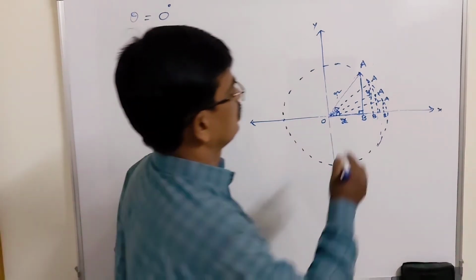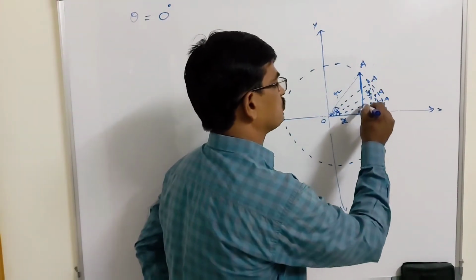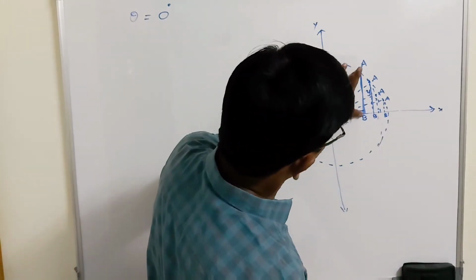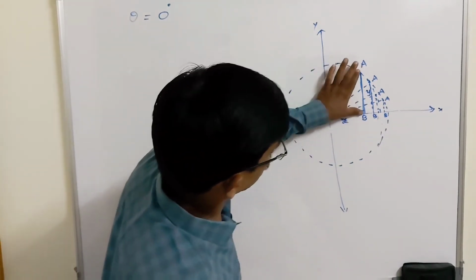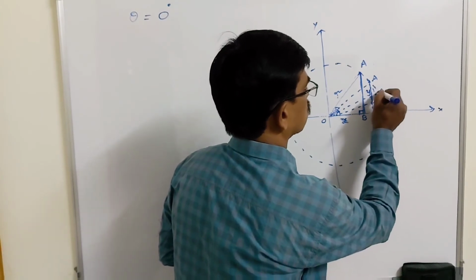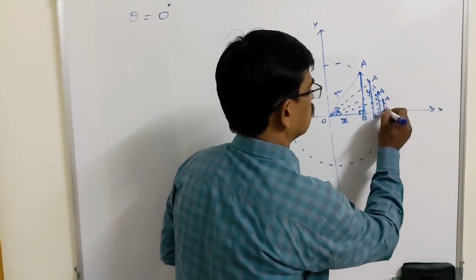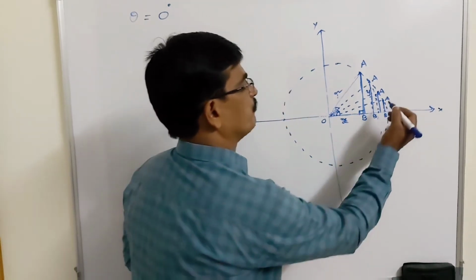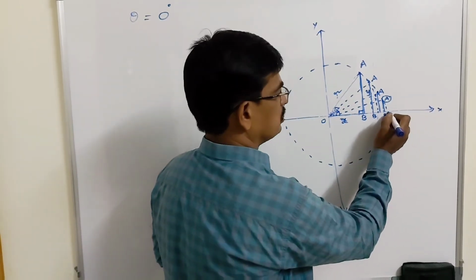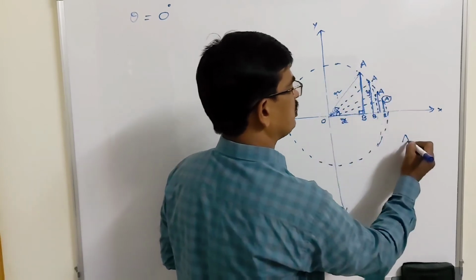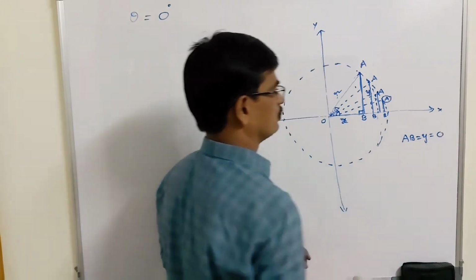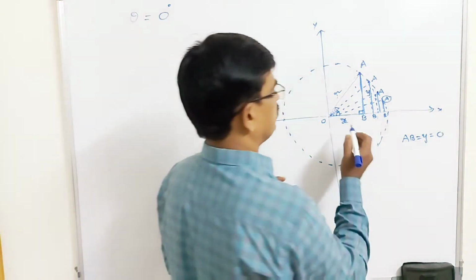Here AB length is y, so when we compare the length of AB here and here, it has changed. Finally, when A coincides with B, the length of AB, that is y, is equal to 0.